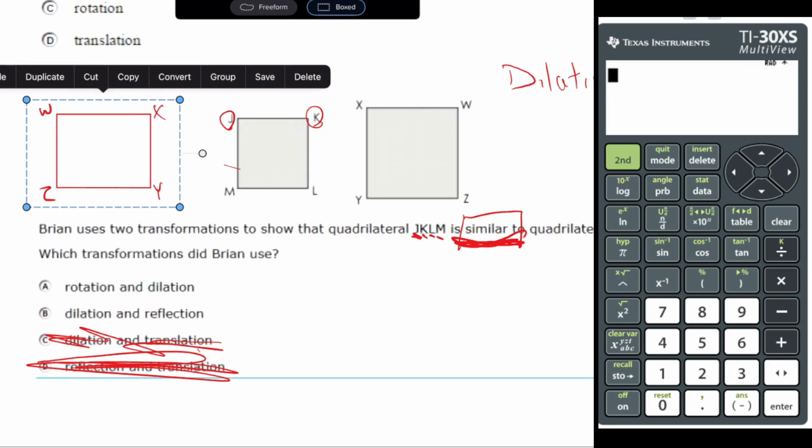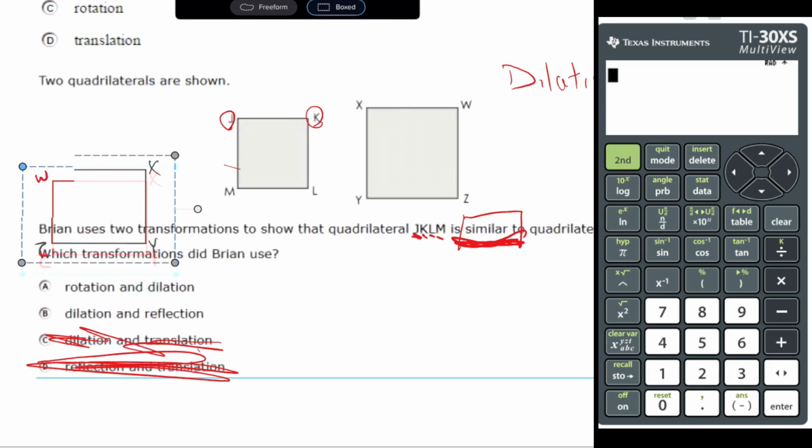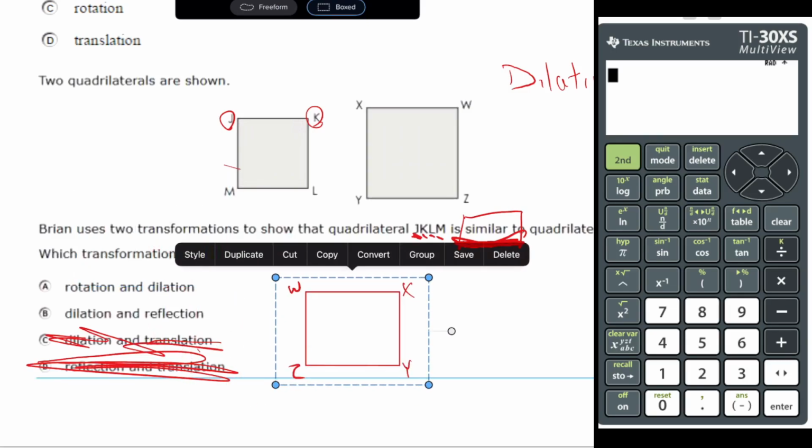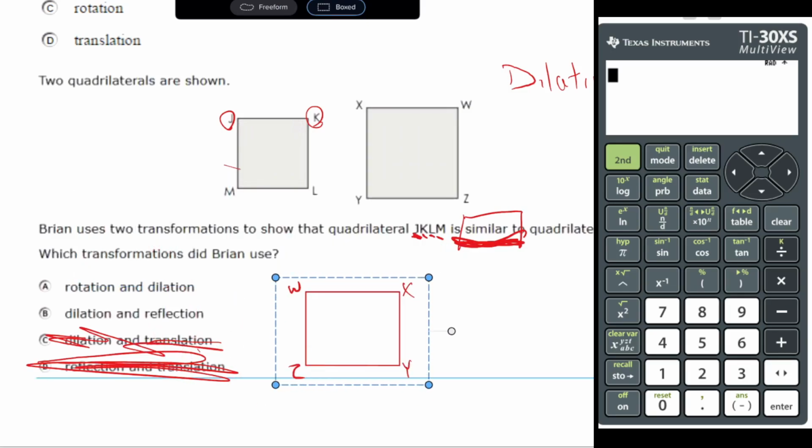So if you were to reflect this, like over, let's say the y-axis, right? The spots that were closer to the y-axis, let's draw an imaginary y-axis right here. Okay, let's say this is the y-axis.